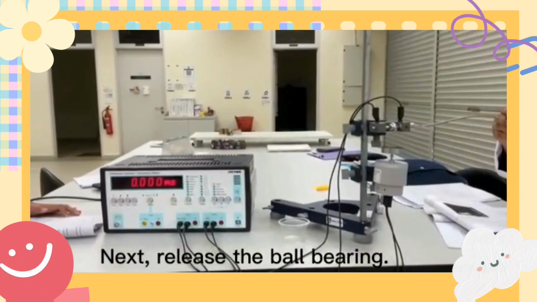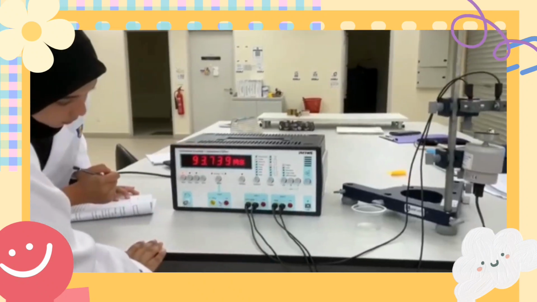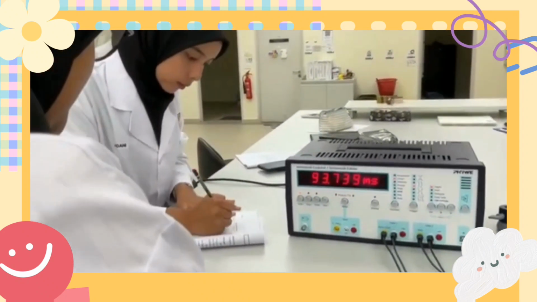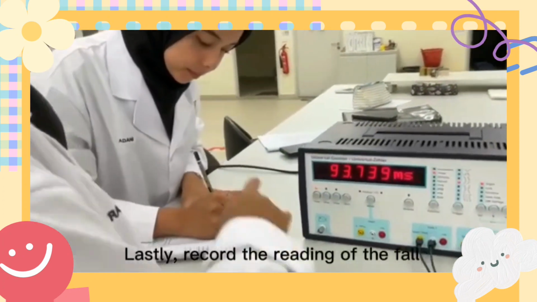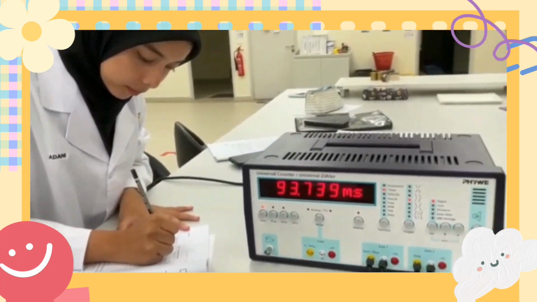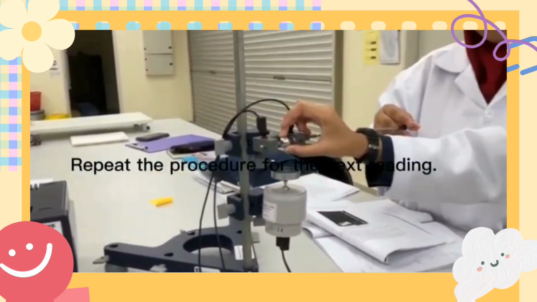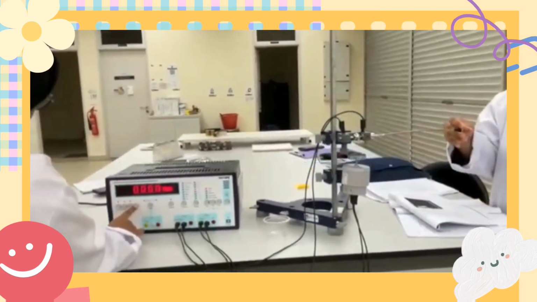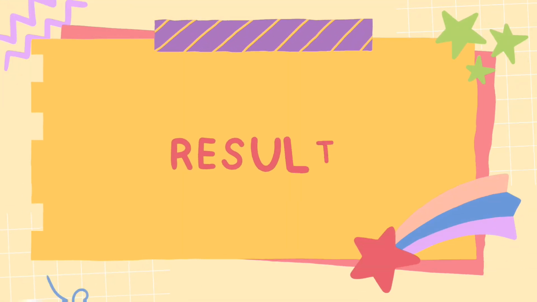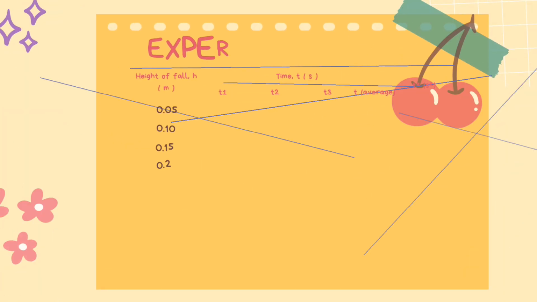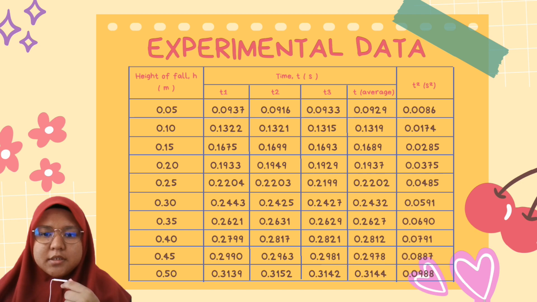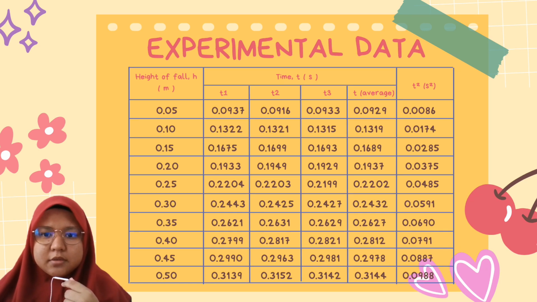Next, release the ball bearing. Lastly, record the reading of the fall. Repeat the procedure for the next reading. This is the result obtained.